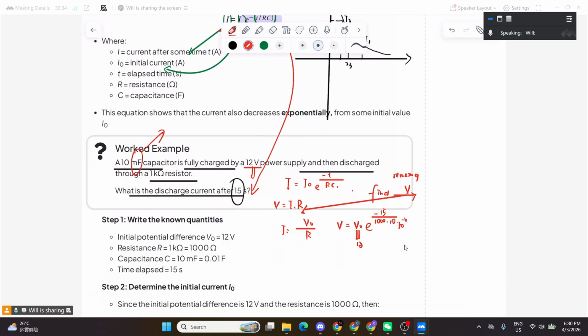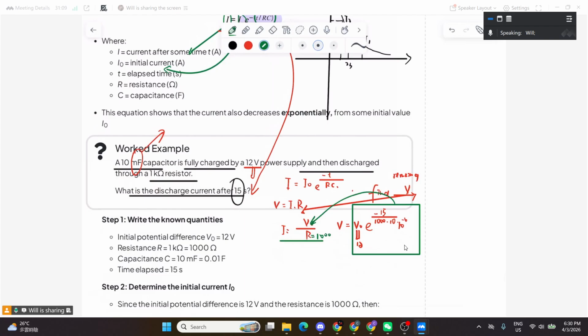After we have found it, we take it into the equation, the V, not the initial value, over 1000. So finally we can get the discharge current after 15 seconds.